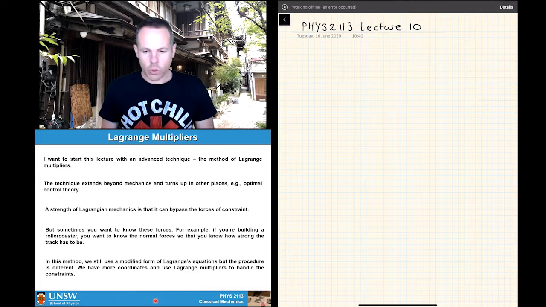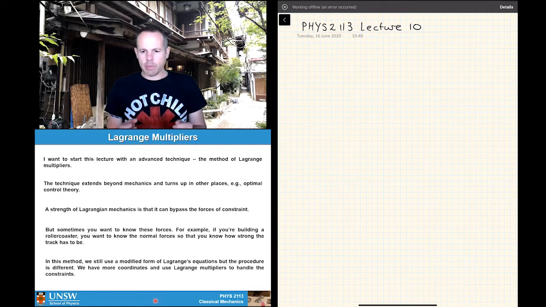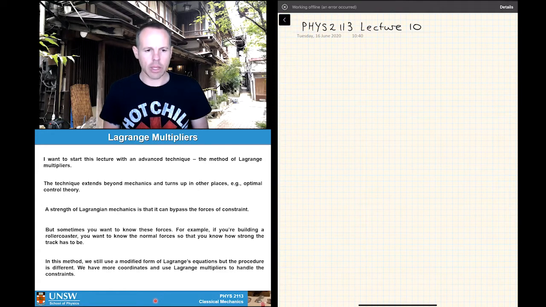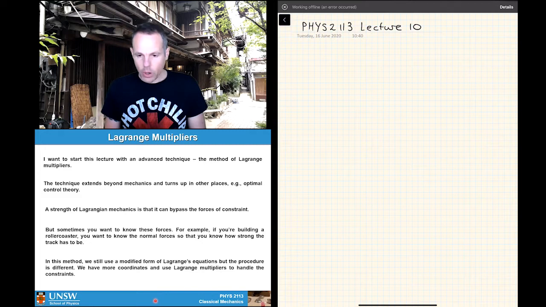So, Lagrange multipliers. We've spent the last few lectures doing Lagrangian mechanics, and one of the really nice features of Lagrangian mechanics is that you can bypass forces of constraint. So things like tension in a string for a pendulum, or normal force on surfaces, don't appear in the problem, and it enables you to make things a lot easier in many cases.